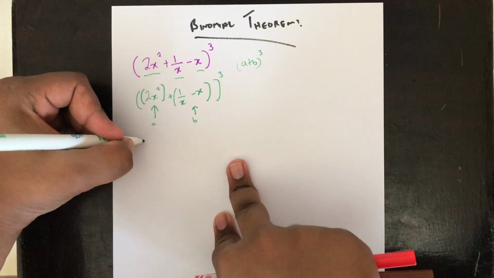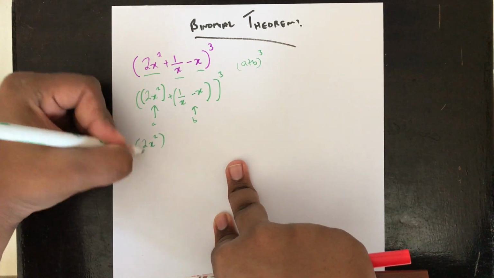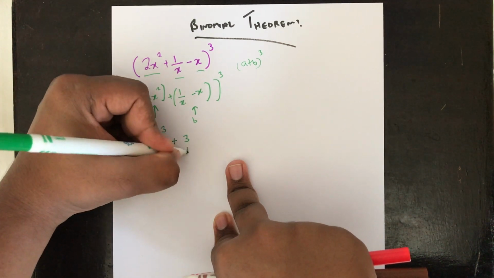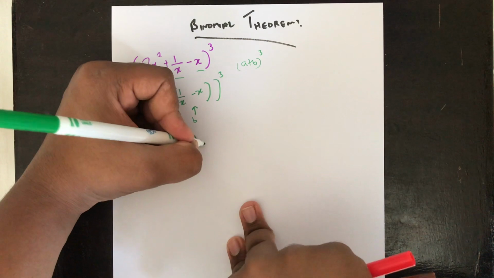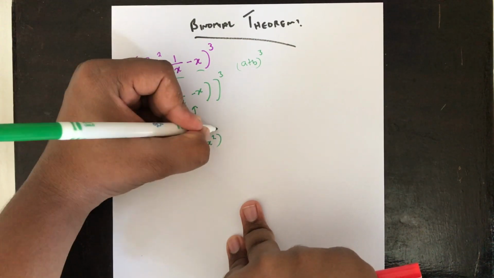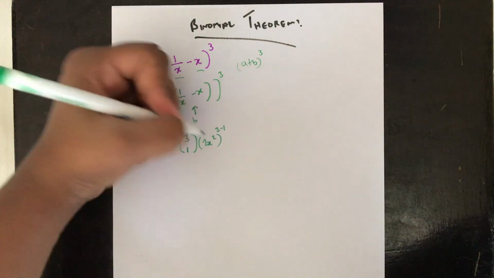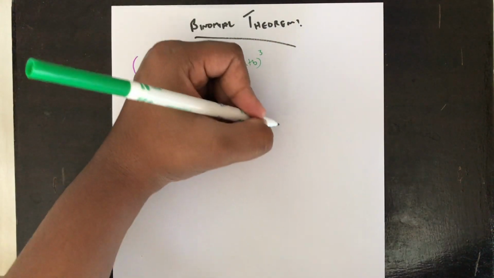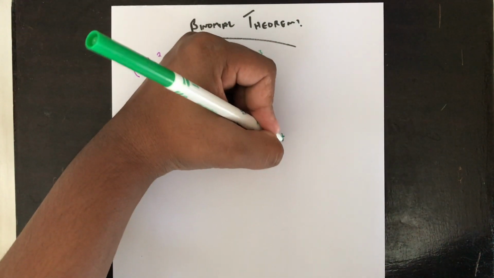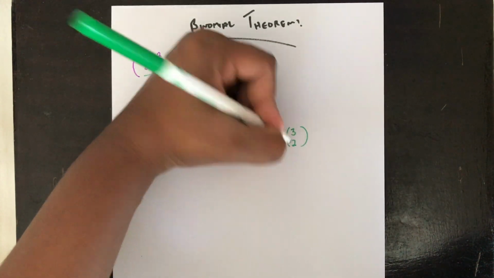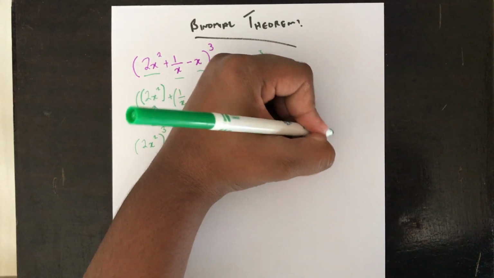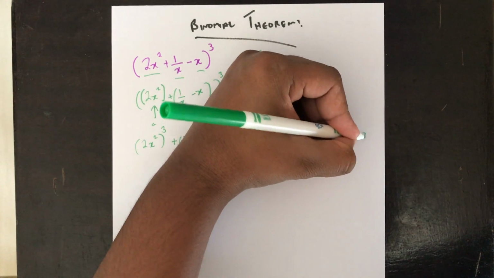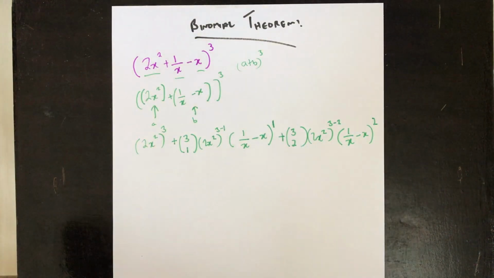So let's start. We have (a + b)³. So our first term is going to be (2x²)³, plus 3 choose 1 into (2x²)^(3−1) into (1/x − x)¹, plus 3 choose 2 into (2x²)^(3−2) into (1/x − x)².